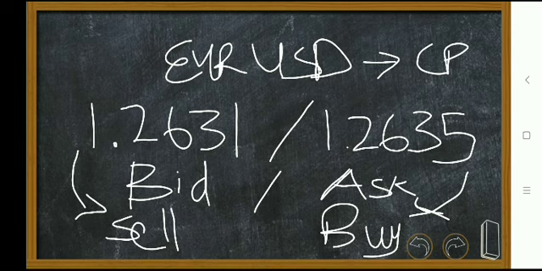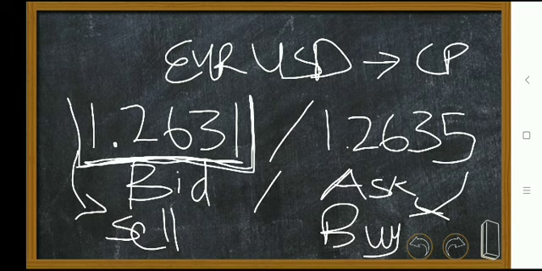It's the same currency pair, but with different prices. So if you are a seller, because remember in the market there's sellers and there's buyers, this is the price you will be selling at. If you are a buyer, this is the price you'll be buying at.